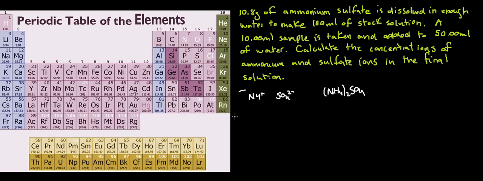And the molar mass, well, let me just write this out. So 10.8 grams of (NH4)2SO4, 1 mole ended up being 132.13 grams.